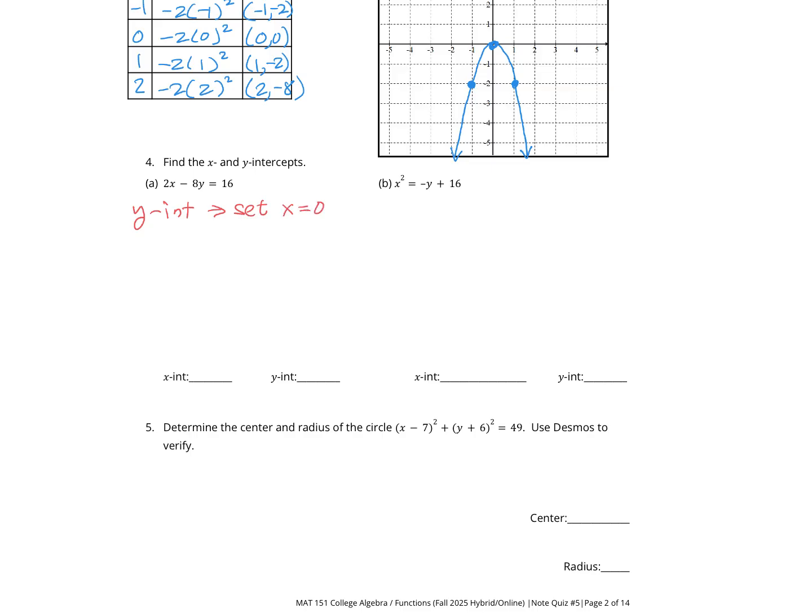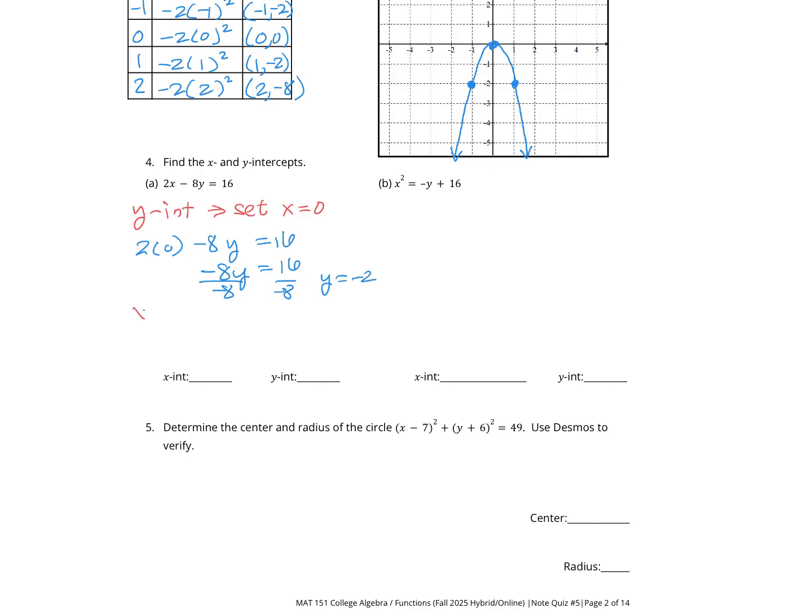And to find the x-intercept, you set the y equal to 0. So for this first one, we do that. We're going to have 2 times 0 minus 8 times y equals 16. That's just negative 8y equals 16. Divided by negative 8, you get y equals negative 2.